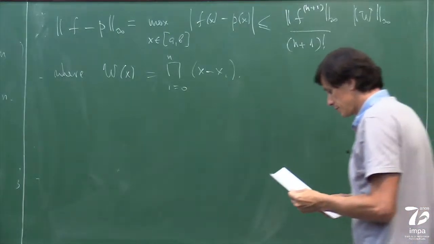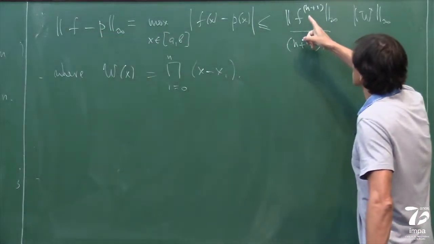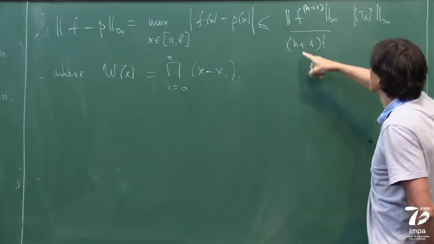So what you see is that this is given, we don't have access to it. This is a function that we want to approximate. This is just a constant.